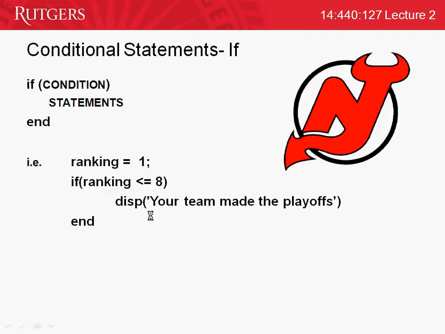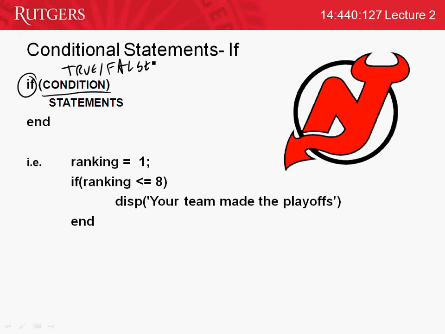Okay. So now let's start looking at taking these logical decision-making, is it true, is it false, and putting them into action. There's a statement in basically every computer programming language called if. And if works as follows. You say if, and then you give some condition. And the condition has to evaluate to true or false, 1 or 0.